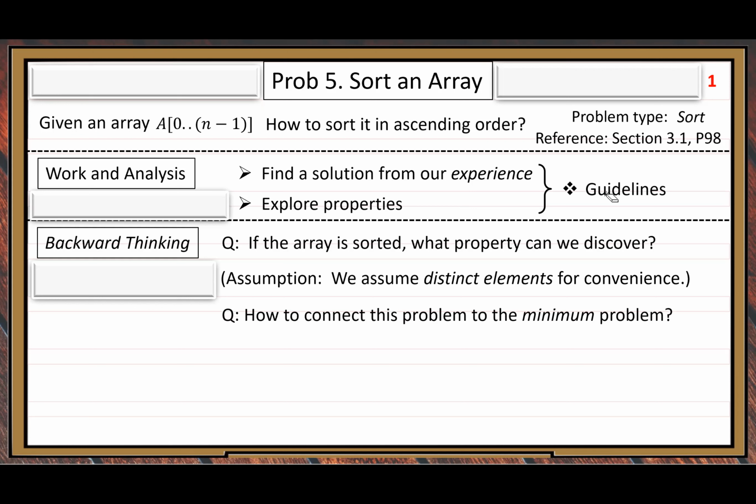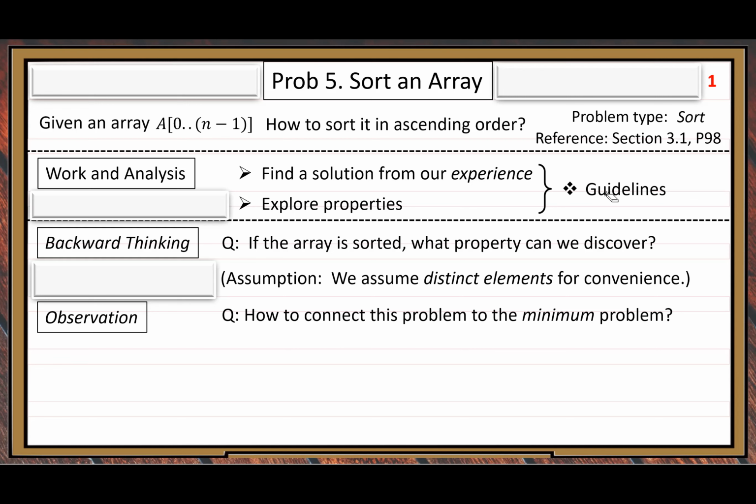Question: how to connect this problem to the minimum problem? Minimum problem, that's our experience. You know the minimum problem well. You know how to find the minimum. Everyone here knows how to find the minimum. So you can use that solution as the starting point. Then do the critical observation.